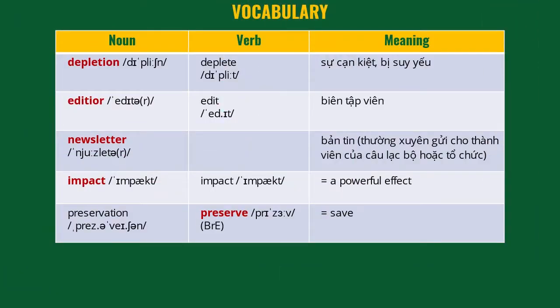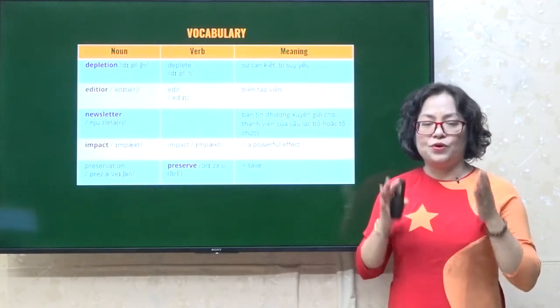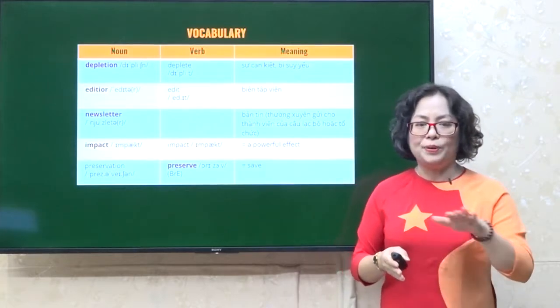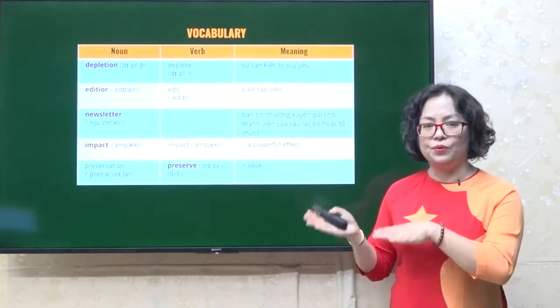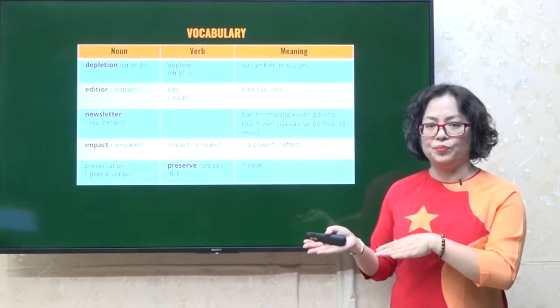Now, I'd like to share with you an overview of all the words we have learned together. Depletion. Editor. Newsletter. Impact. Preserve. Now I will stop for a while and then you copy down all the words here in the table in your course book.